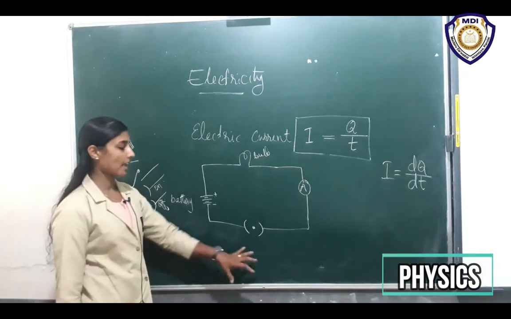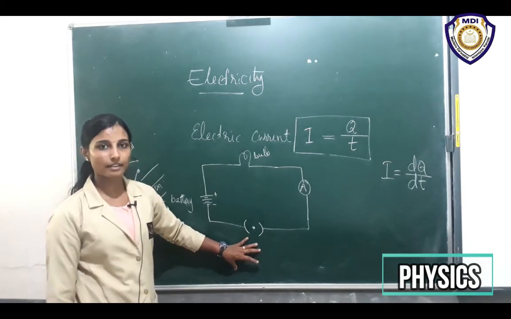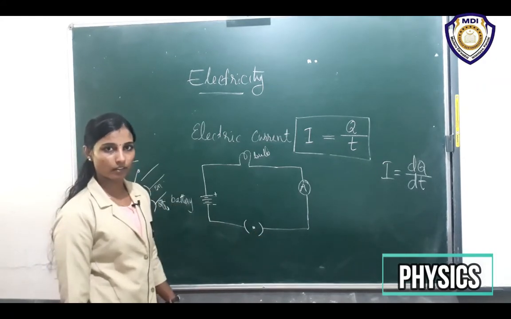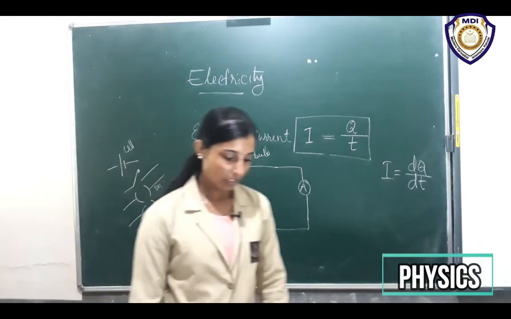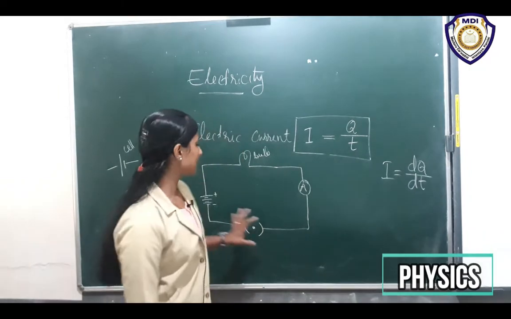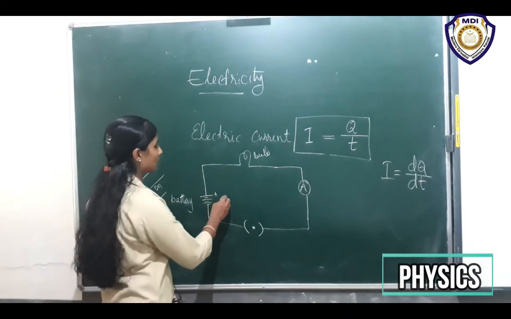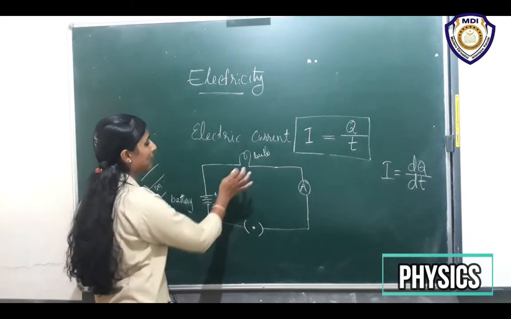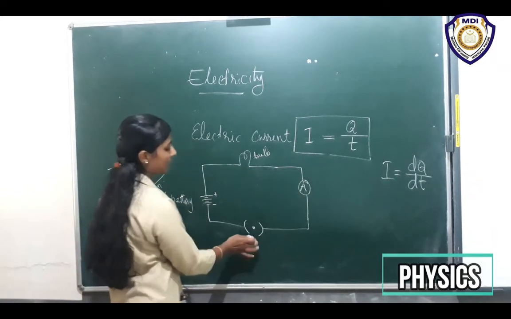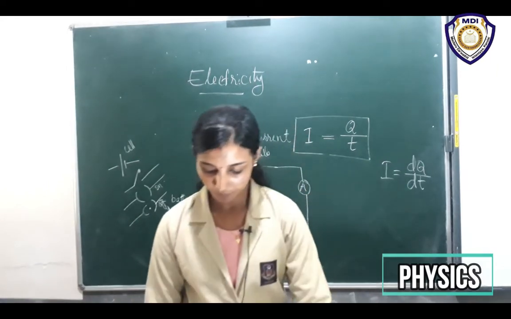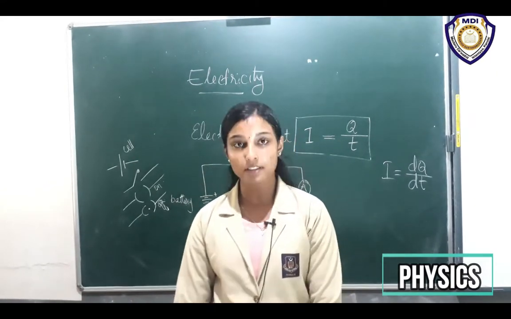Then this is a closed circuit, right? So the electric circuit constitutes a battery, bulb, ammeter and a switch, right? Okay, so again go to the previous page.